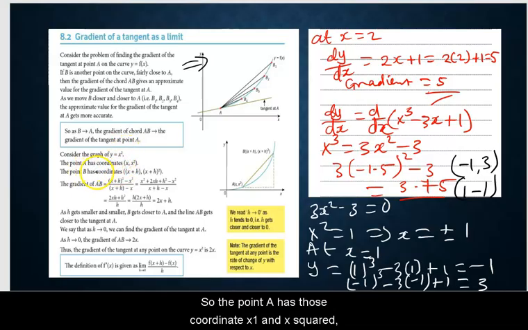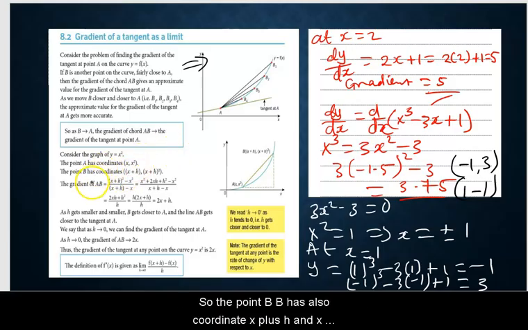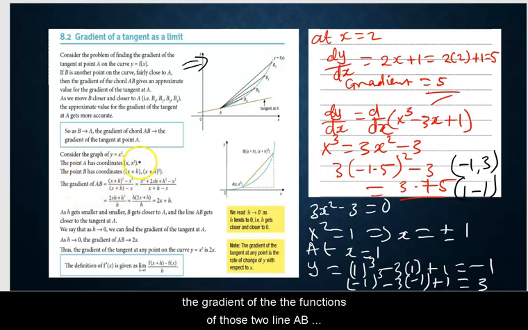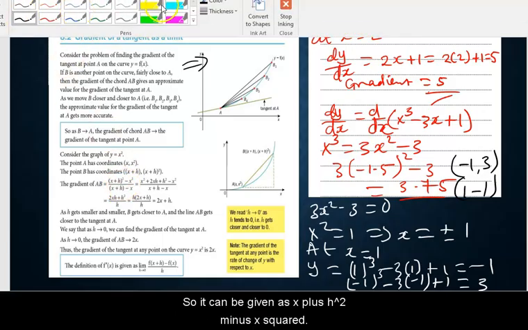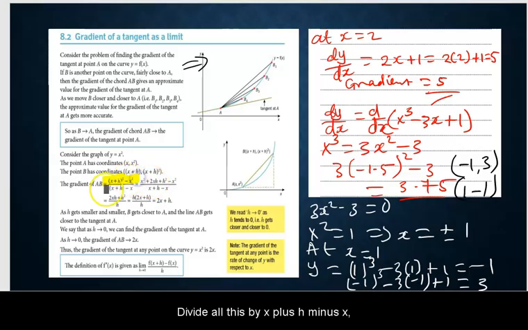So the point A has coordinates x and x squared, where x can be any value. The point B has coordinates x plus h and (x plus h) squared. When we compute, the gradient of the line AB can be given as (x plus h) squared minus x squared, divided by (x plus h) minus x.